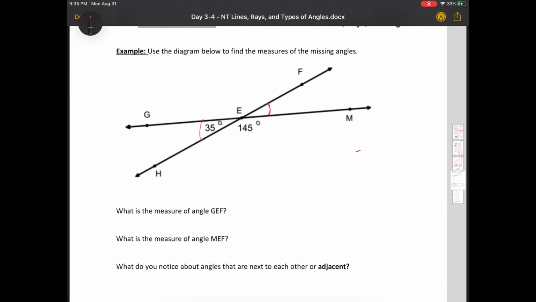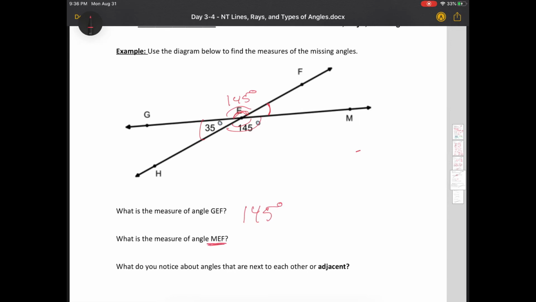So the opposite angles, or the pair of vertical angles, are congruent. So that must be equal to FEM. GEF and FEM are the same, and also GEF, HEM are the same. So we have our opposite angles here and our opposite angles there. So what is the measure of angle GEF? GEF is opposite 145, so this would be 145.